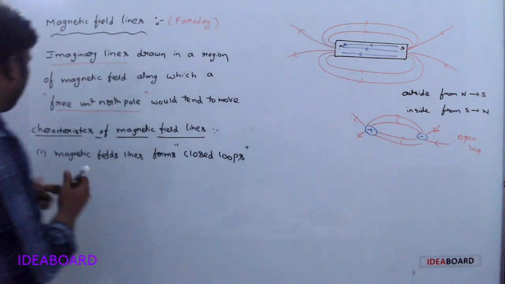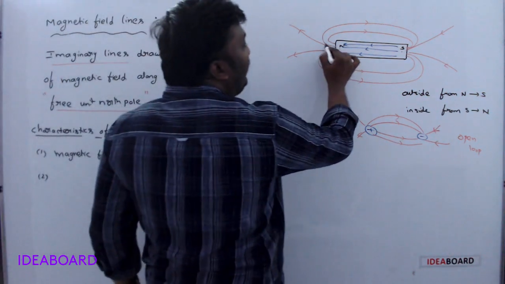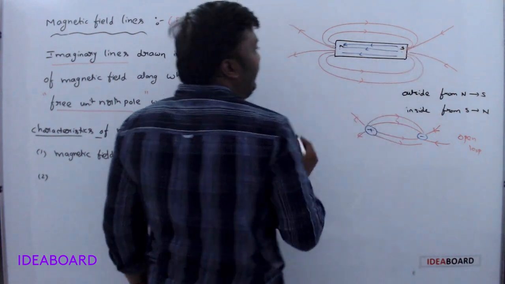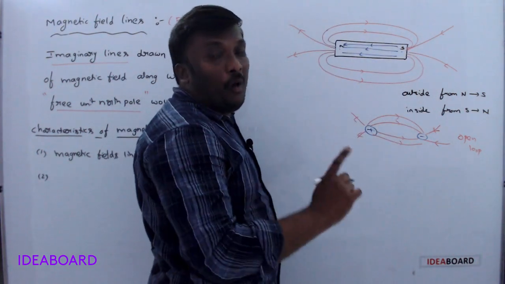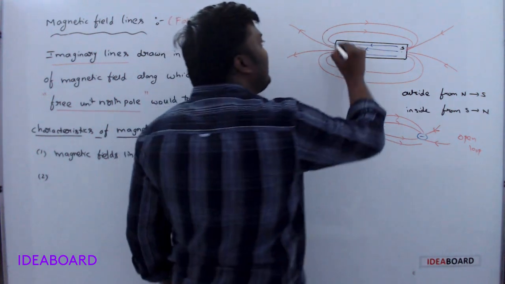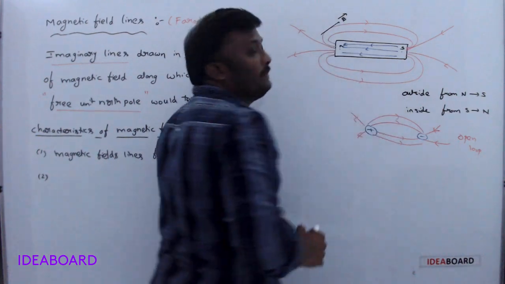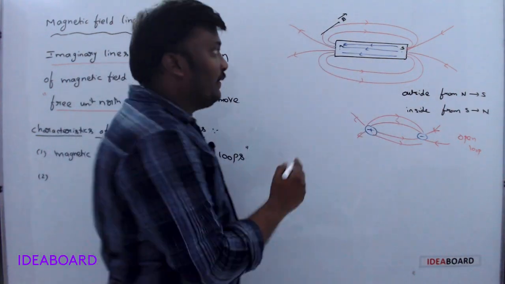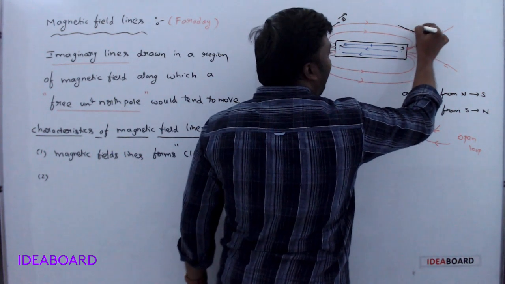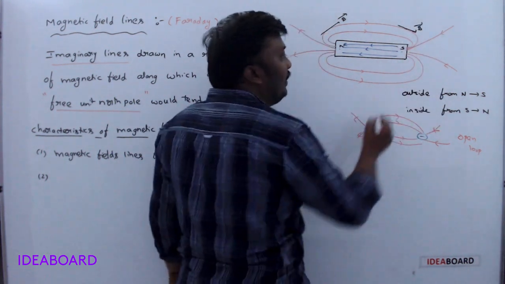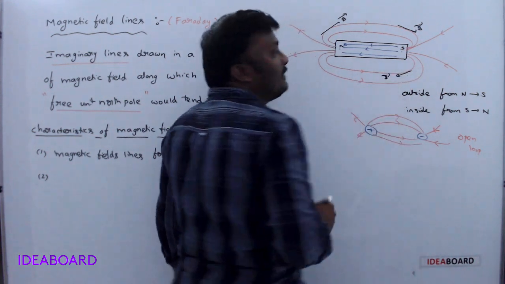Okay, and the second point. On the magnetic field line, at any point, if you want the direction of the magnetic field, just draw one tangent at that place. Anywhere. If you want it at this place, then draw a tangent at that point. If you want it here, draw one tangent at this place.